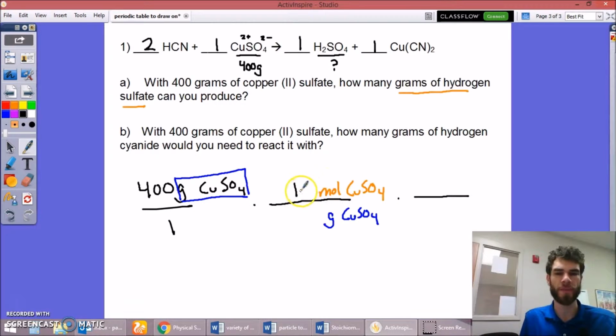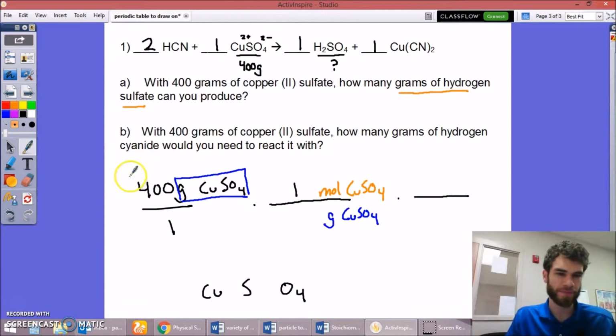But before we get there, how many grams, you ask yourself, of copper 2 sulfate is in 1 mole of copper 2 sulfate? How do you even figure that out? Well, copper 2 sulfate is made up of 1 copper, 1 sulfur, and 4 oxygens, right? So now we need to figure out how much each of these weighs, how many grams are in 1 mole of each of these substances.